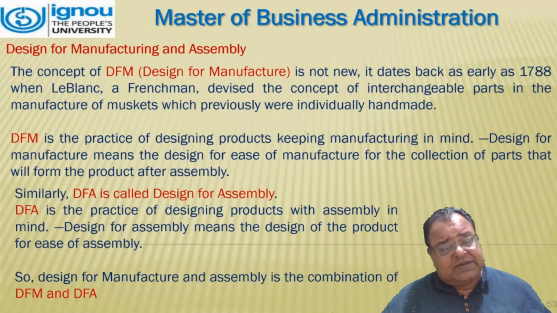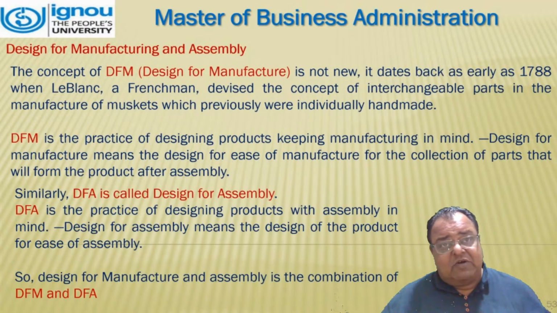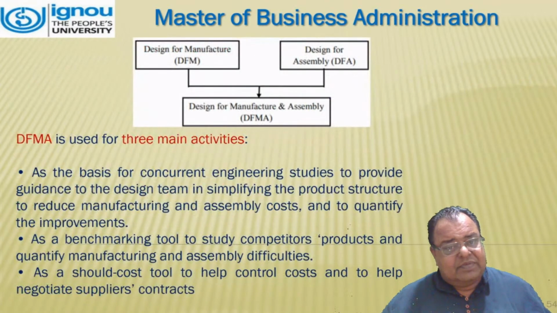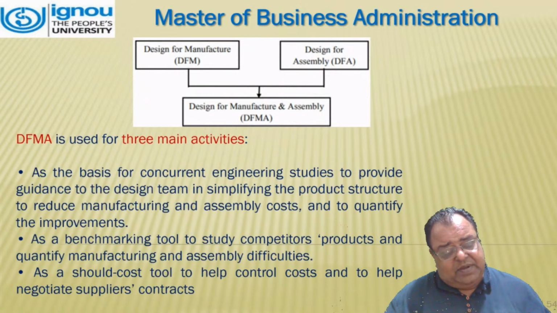DFA is the practice of designing products with assembly in mind. Design for assembly means the design of the product for ease of assembly. So, design for manufacture and assembly is the combination of DFM and DFA. DFMA is used for three main activities.